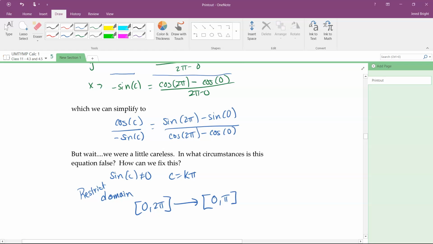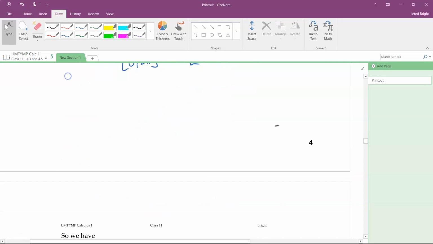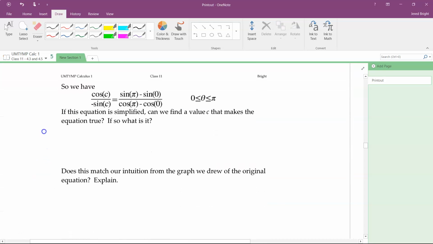And now, again, c has to be within this interval, and so then I won't get any places where I would potentially be dividing by 0. Okay, so what we've arrived at so far is that cosine of c over minus sine of c equals the rest, and I'm just adapting this per the mean value theorem's definition, or per our previous study.